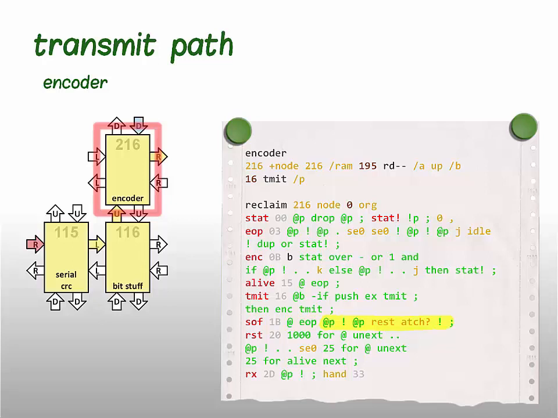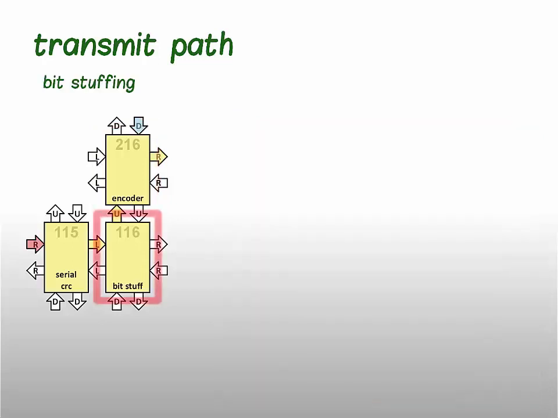A command executed for a newly attached device is reset. It generates a reset state of the bus. We also have the rx command, which hands over the control of transceivers to node 117 when we want to receive a packet from the device.